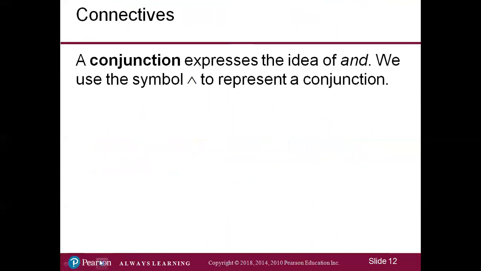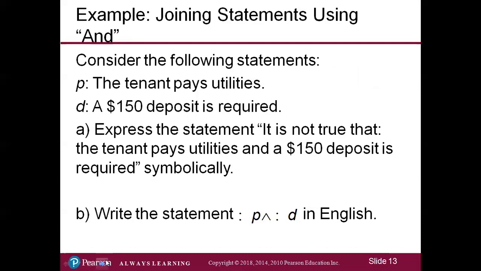A conjunction expresses the idea of and. We use the symbol of a caret to represent a conjunction. Consider the following statements. P is the statement the tenant pays utilities. D is the statement a $150 deposit is required.